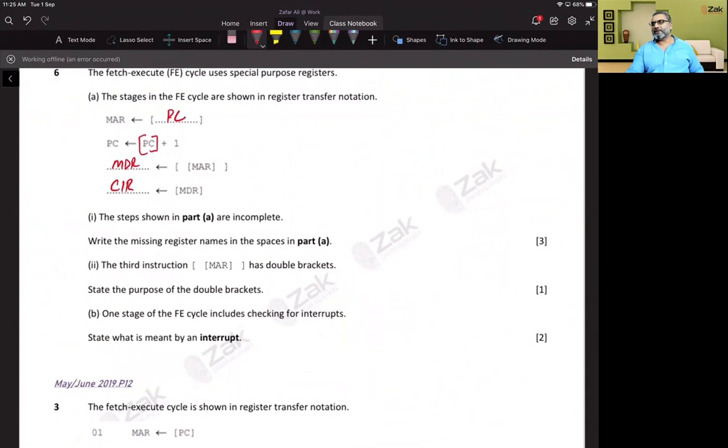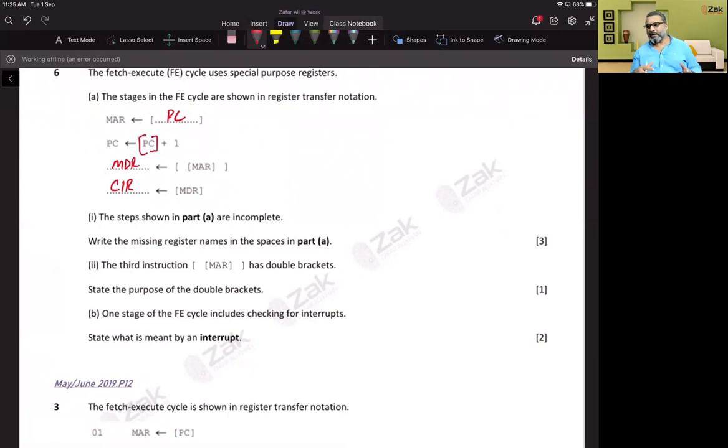So the inner bracket shows the address which is in MAR, while the outer bracket shows the content of the memory whose address was inside the inner bracket.